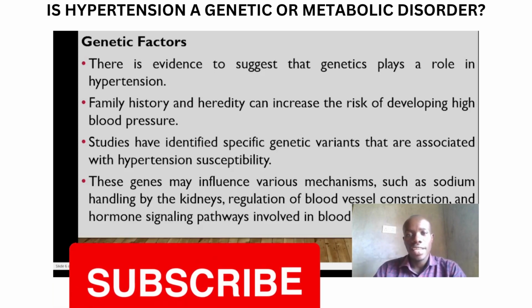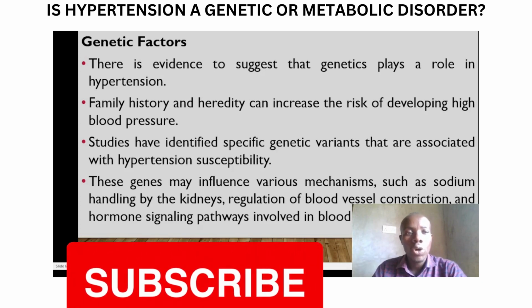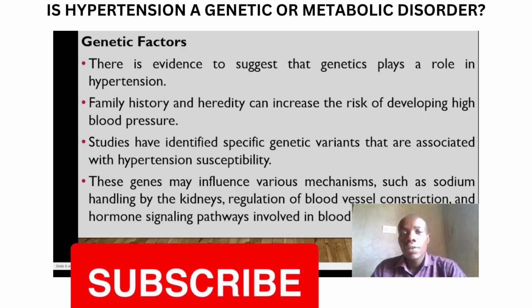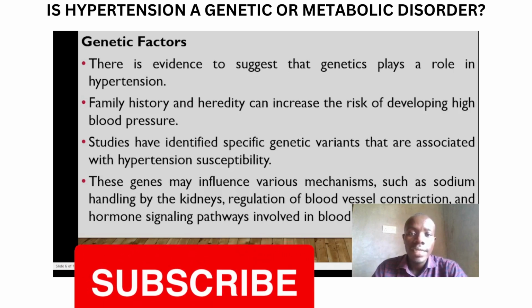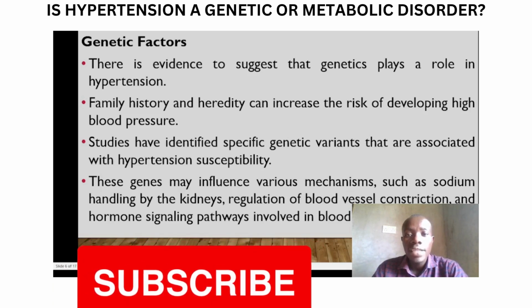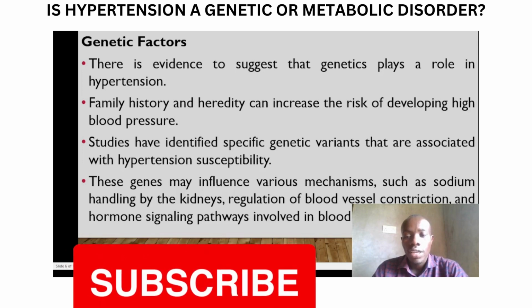There's evidence that suggests that genetics plays a role in hypertension. Okay? Family history and heredity can increase the risk of developing high blood pressure. Studies have identified specific variants associated with hypertension susceptibility. So these genes influence various mechanisms that eventually contribute to development of hypertension.